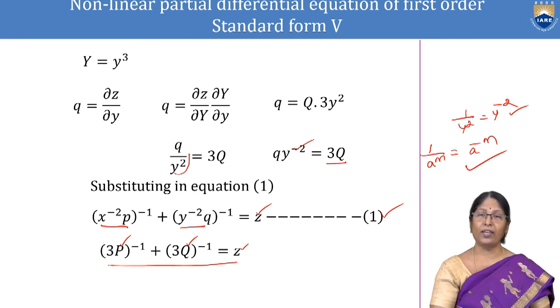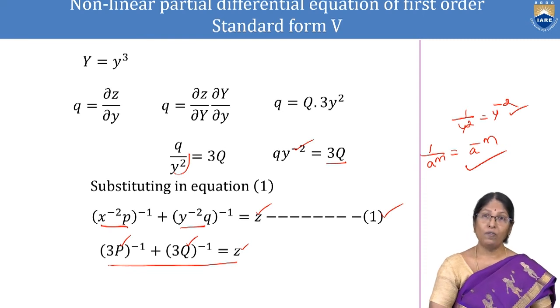So completely the x and y terms are eliminated. We got only P, Q, Z. It's nothing but our standard form 2. So from standard form 5, we reduced to standard form 2. How to solve this standard form 2? Some specific methods are there that we have to adopt.